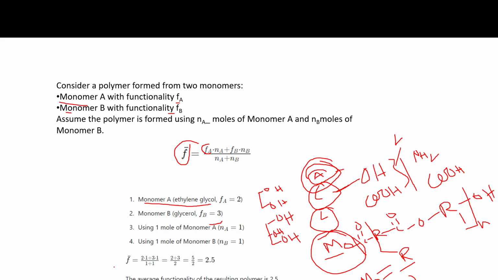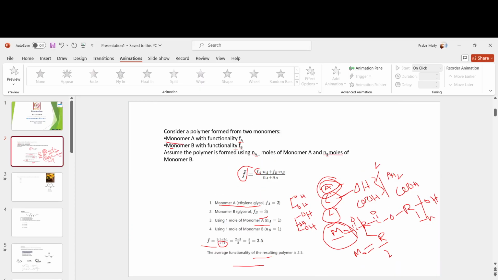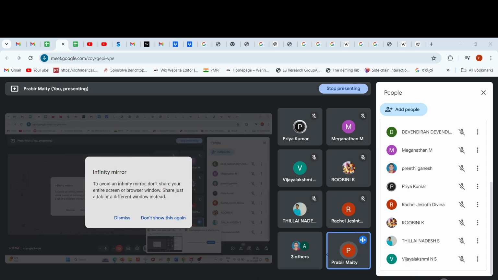What will be the average functionality? If they are taken in a 1:1 molar ratio, the average functionality will be 2 times 1 plus 3 times 1, divided by the total number of moles. If each is taken as 1, the total number of moles is 2. So the average functionality of this polymer will be 2.5. It will be neither 3 nor 2.